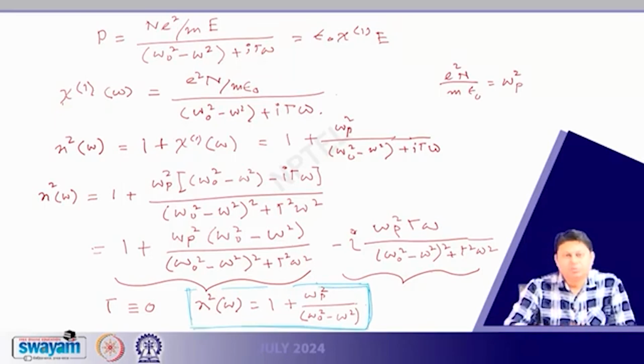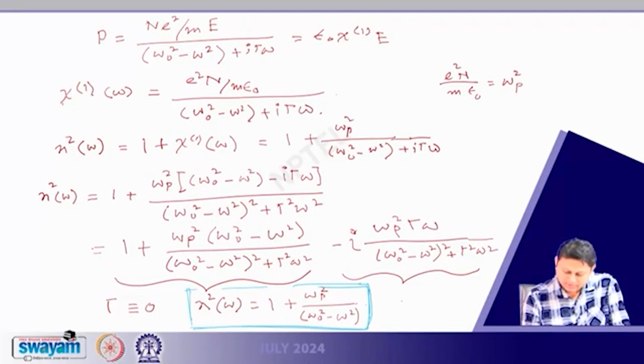Now we can do one thing later, maybe we are not able to do it today because of the lack of time, that we replace all this omega with the frequency term. Maybe we can put it as a homework.